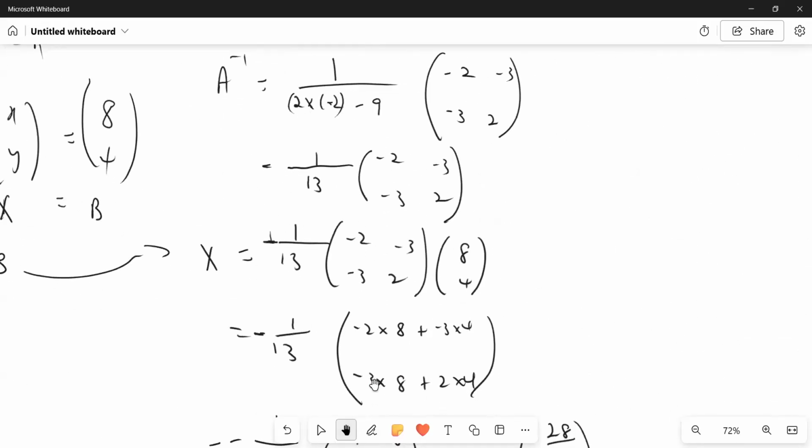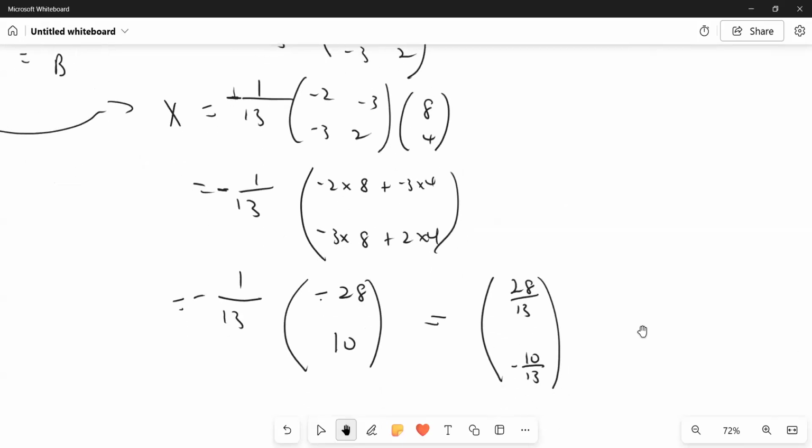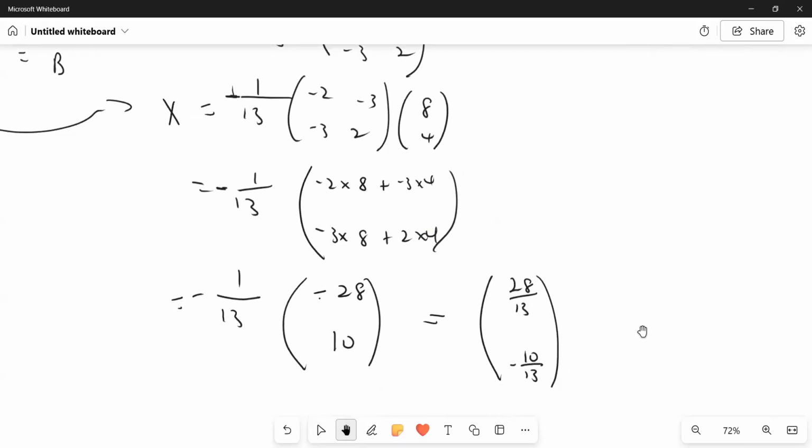Not always will you get nice looking answers, but the procedure is the same. You just follow the procedure and it will always come up.